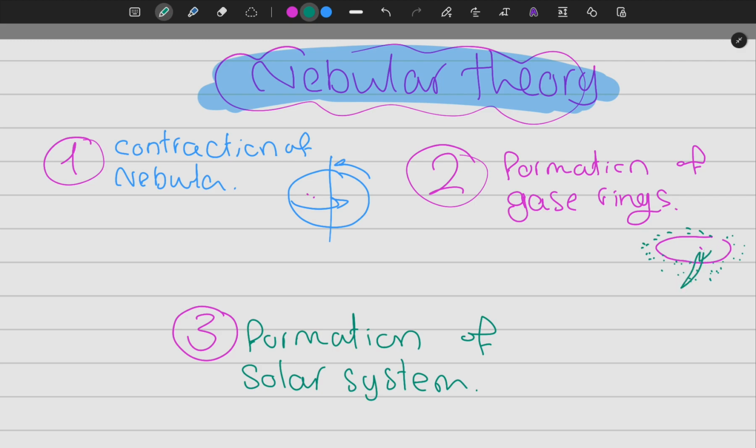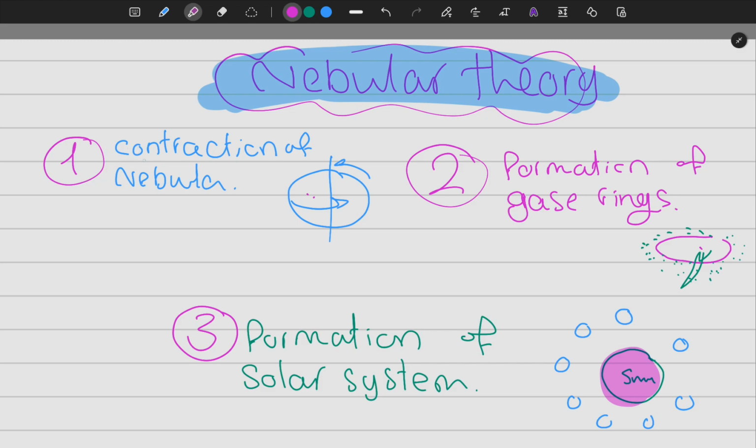So the final result is the sun in the center, a flaming mass, and eight planets around it. The eight planets rotate around the sun in a specific order due to the gravity of the sun.